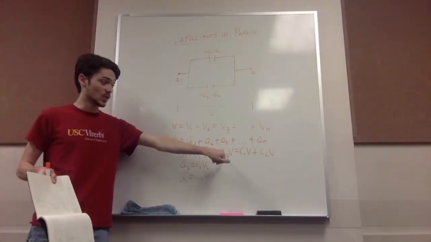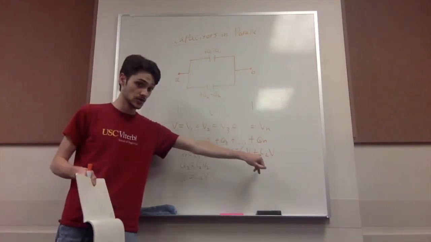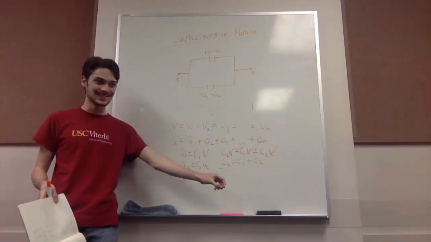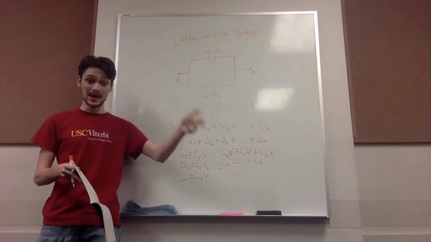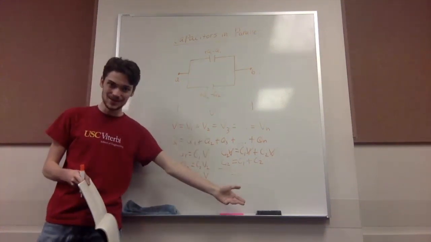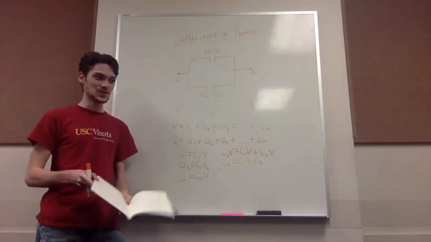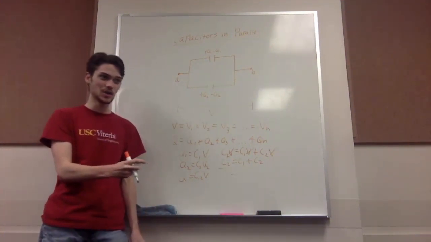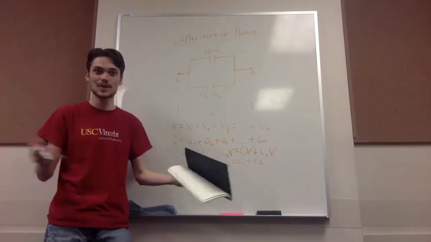We get C12 times V is equal to C1 times V plus C2 times V. The V's cancel out, and we get that the capacitance of an equivalent capacitor for a system in parallel is just the sum of all the capacitances, which is kind of awesome. So if you put multiple capacitors in parallel, you are basically creating a big capacitor with a larger capacitance.